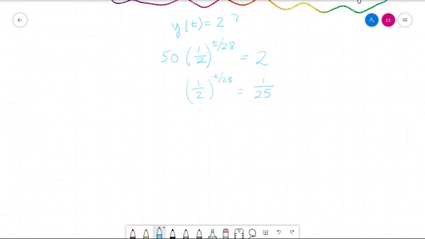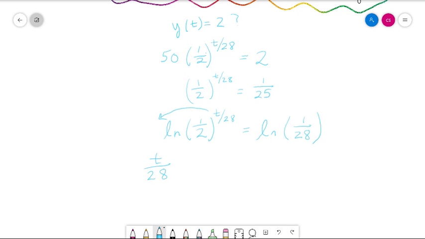Let's take the natural log of both sides, since that variable is in the exponent. And now our logarithm rules tell us that we can move the exponent out of the argument down in front. And now we're ready to solve for t.